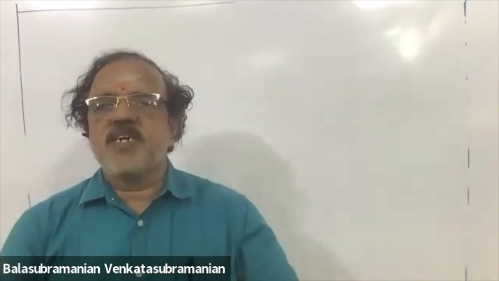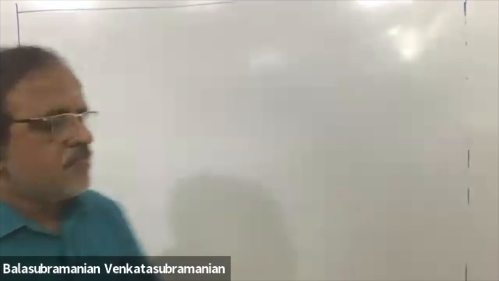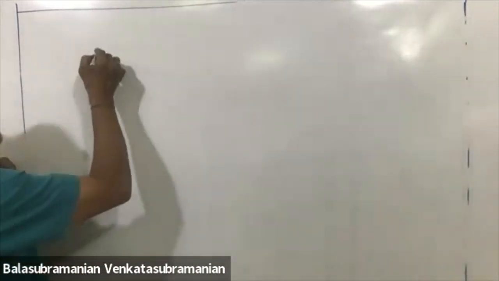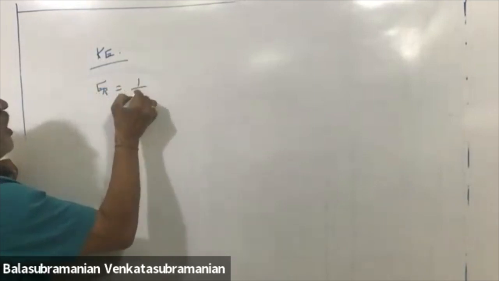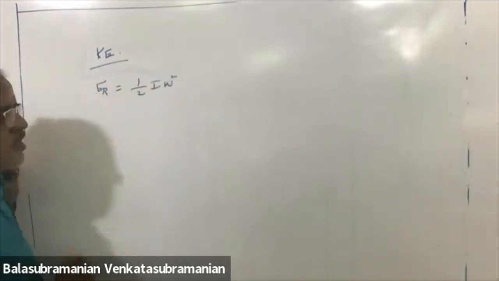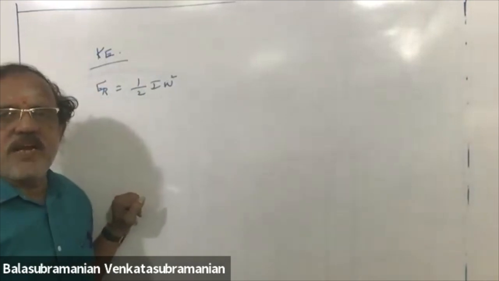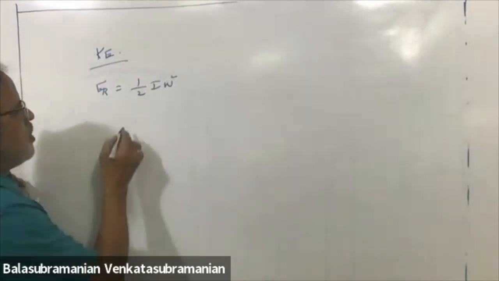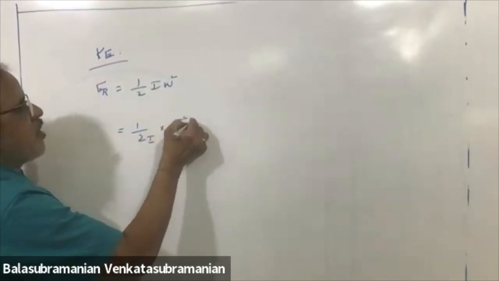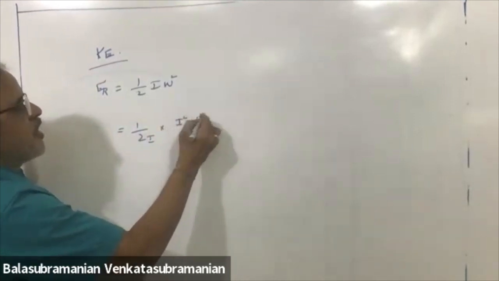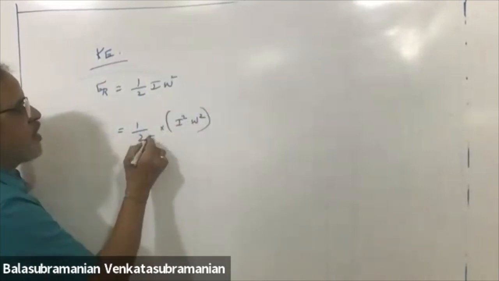That is linear momentum, this is angular momentum. Kinetic energy of rotation is half I omega square. That's what we have derived. Multiply and divide by I. You are multiplying by I, you are dividing by I.